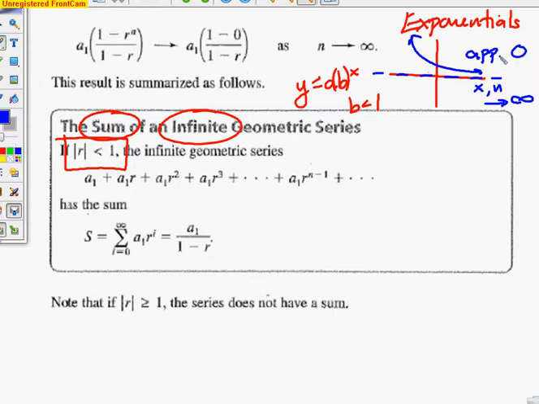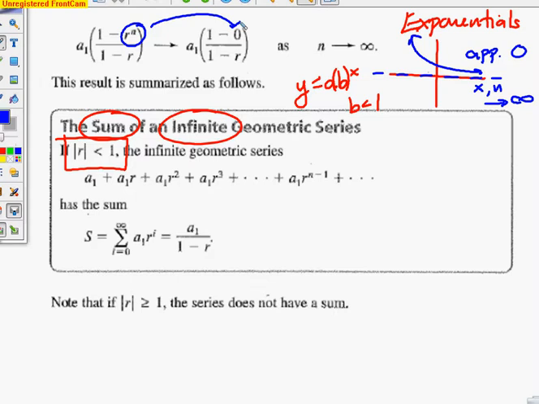It's going towards the x-axis, so its y value is getting smaller, smaller, smaller, all the way to 0, not touching it. That is why this becomes a 0. That explanation right there. The fact that as this n value goes towards infinity, if r is less than 1, then it follows this graphic behavior. And it goes close to 0, so we just eliminate it.